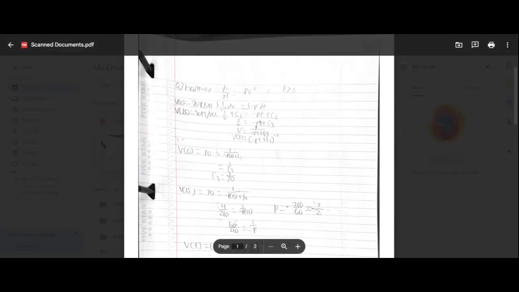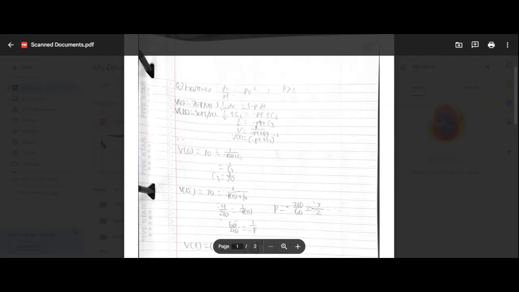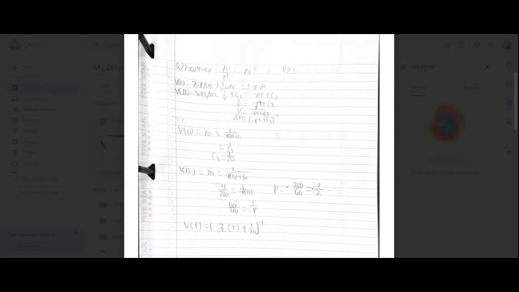So, what's your v of 0? V of 0 is 70 feet per second. Oh, okay. Yeah, it's similar to what Ryan presented. So we have our general equation, which is v of t equals negative p of t plus c3, to the negative 1 power. That's what I put on there.